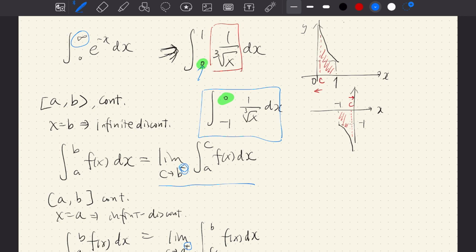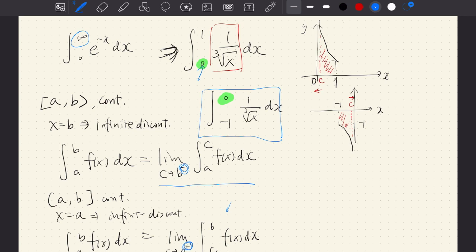And for this case, you want to integrate from a to b, but you have an infinite discontinuity at a, so you integrate from c to b, and then you move c closer and closer to a from the right side, so eventually you get to a. So here you have a positive sign.